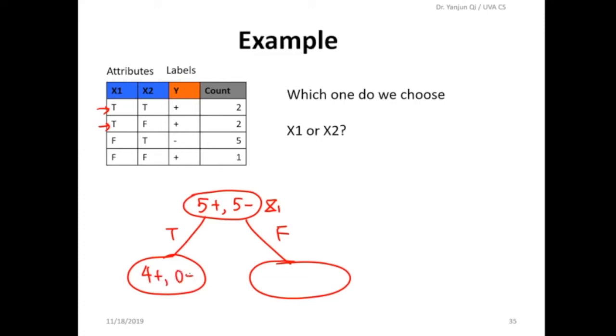And for the false branch, it gives me 1 positive, 5 negative. Okay, let's do x2. Easy, so easy, right?